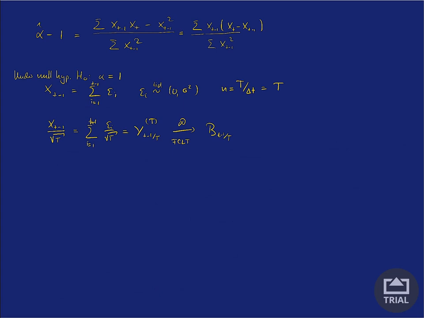Now here we need, in order to show that this here converges, we now need to express this, for instance, as a continuous function of xt minus 1.